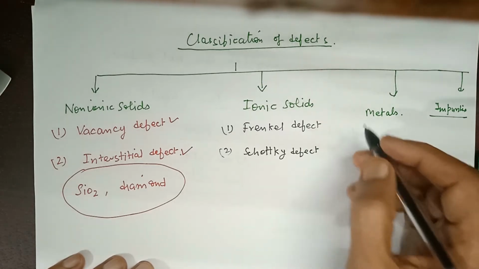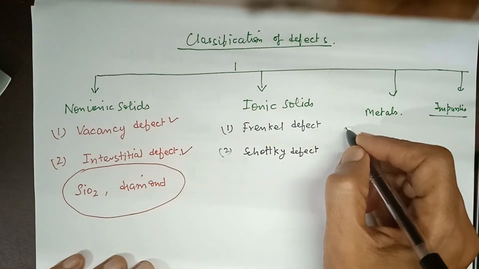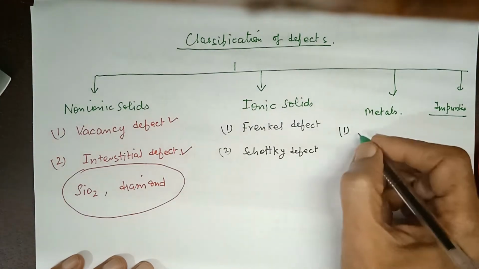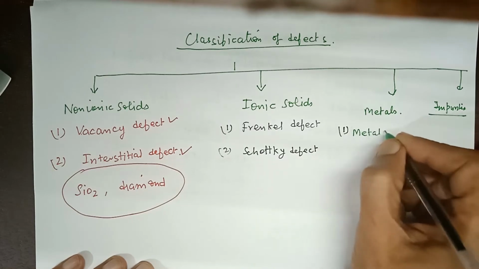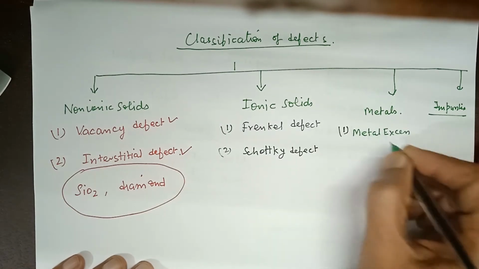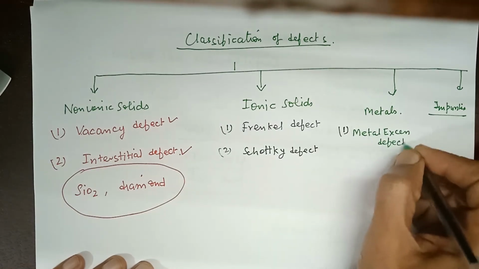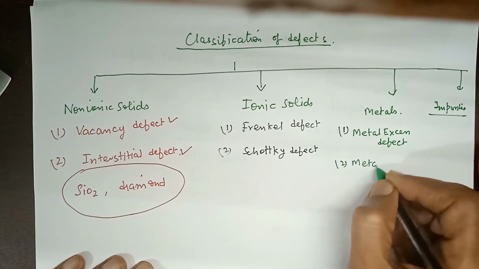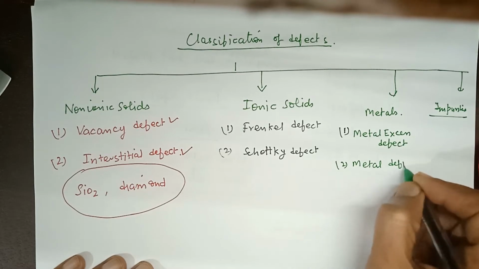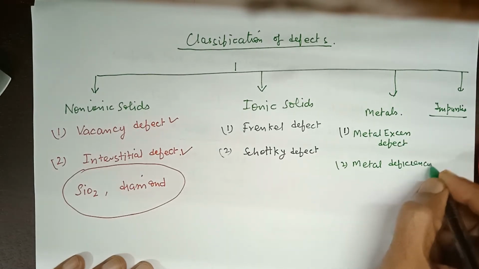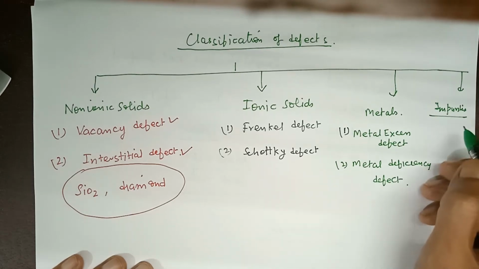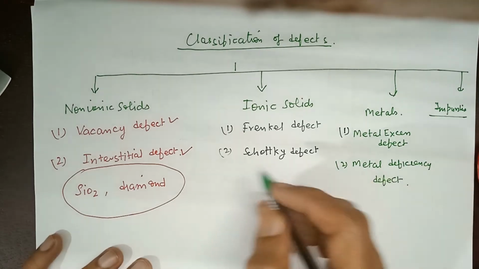And in metals, one is metal excess defect, and the other is metal deficiency defect. And then the fourth type is impurities.